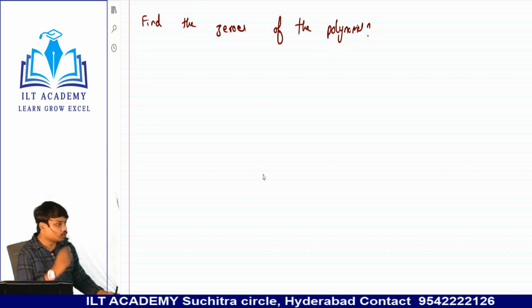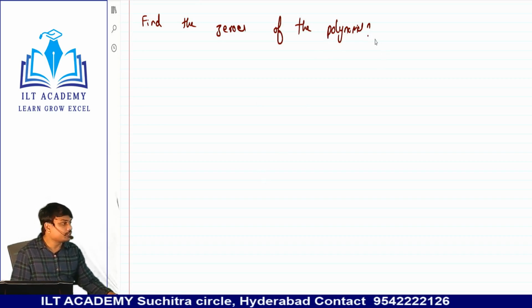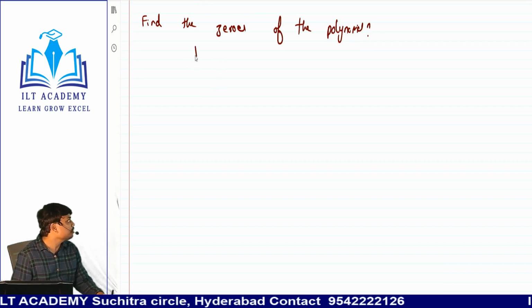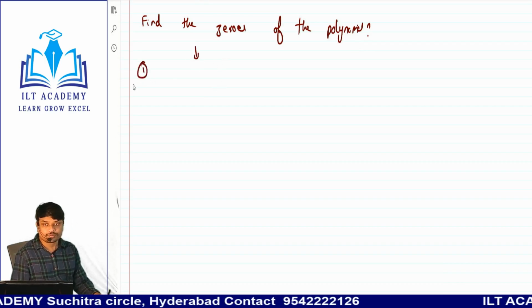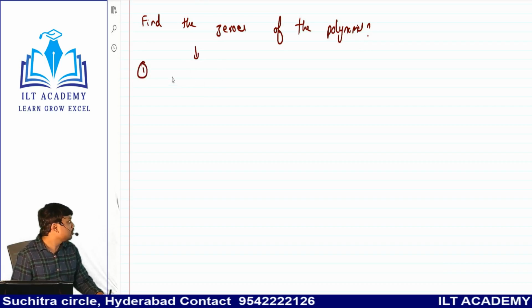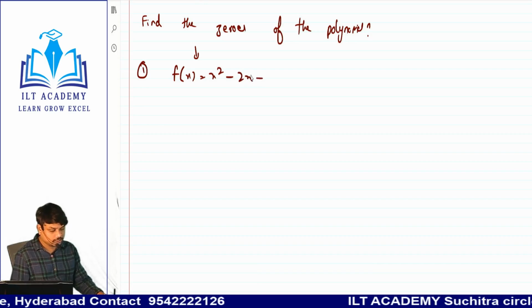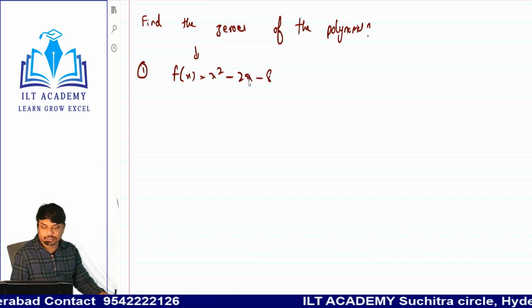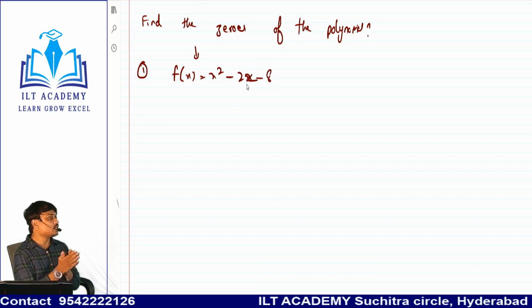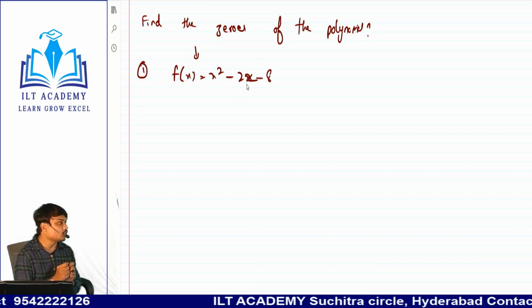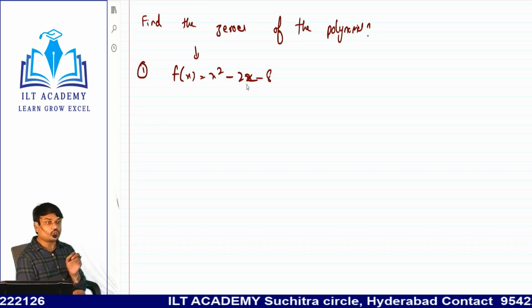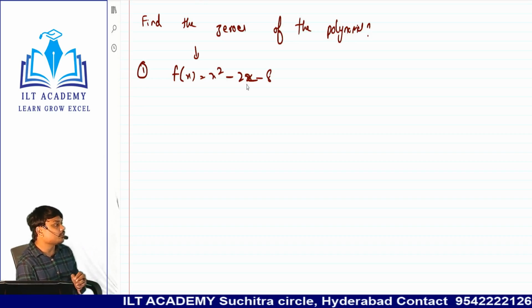First, f of x is equal to x square minus 2x minus 8. Now, x square minus 2x minus 8. How to find the zeros of the polynomial? Let us understand what zeros of the polynomial are.